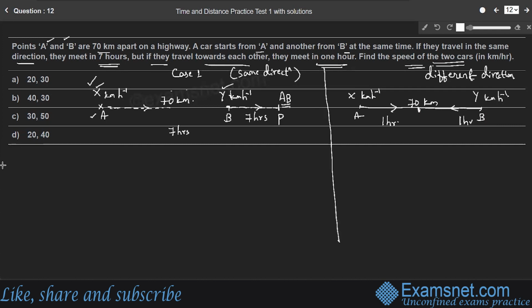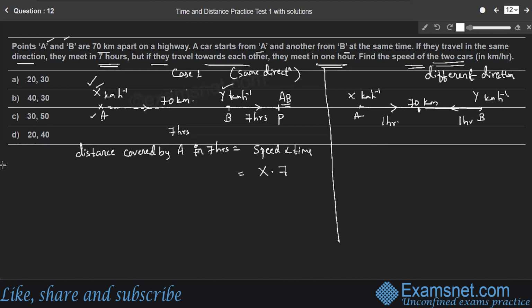The distance between the two places A and B is 70 kilometers. This distance can be expressed in terms of speed and time. In the first case, the distance covered by A in 7 hours to meet B is, since distance is speed into time, therefore the speed of car A is x and it takes 7 hours.